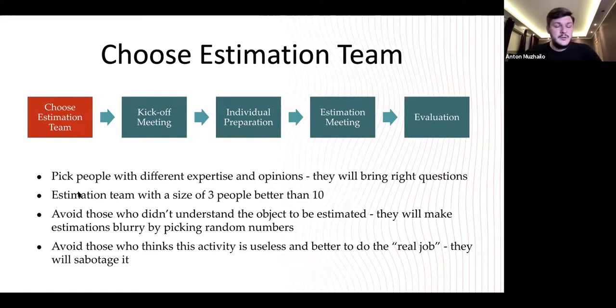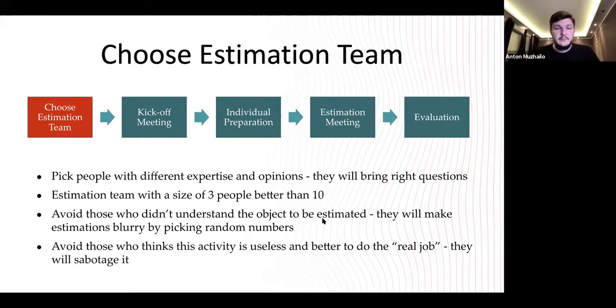So those people you should bring in, and you should avoid those who don't understand the object to be estimated. Like you probably know the jokes about doing poker planning in Scrum teams, which consist of, say, 3 developers, 3 QA, and 1 business analyst, right? When you're doing estimation about the testing tasks, developers are saying, what am I doing here, I don't understand what they're talking about. And the same when QAs participate in the development estimation, they just put in random numbers, and thus they bring noise to the estimation.